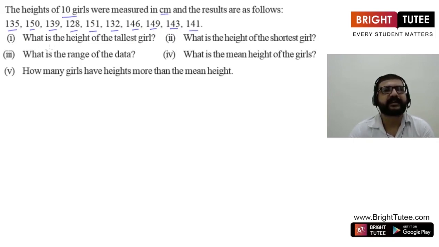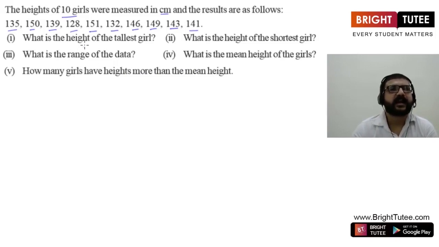We have to find the height of the tallest girl, the height of the shortest girl, the range of the data, the mean height of the girls, and then we have to tell how many girls have heights more than the mean height.